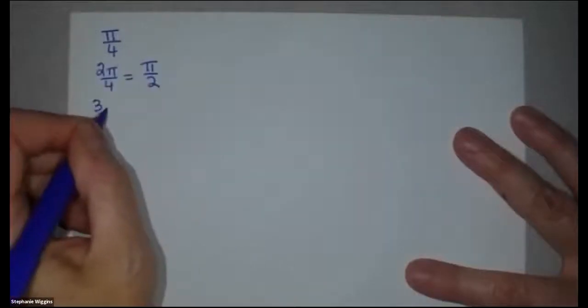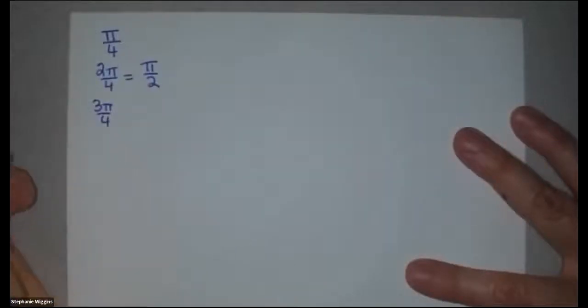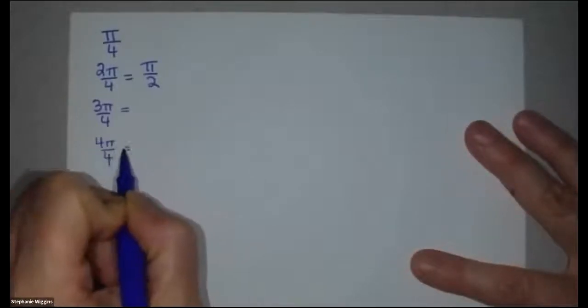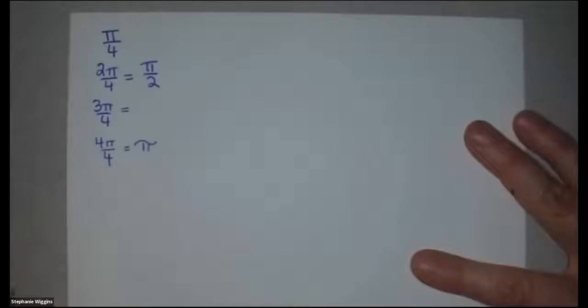Okay, so there are quarter angles. We did that. We talked about that earlier. Let me just go over that again. The quarter angles are pi over 4, 2 pi over 4, which, if I reduce this fraction, becomes pi divided by 2, 3 pi over 4, okay? 4 pi over 4 is just pi, right? The 4's cancel.